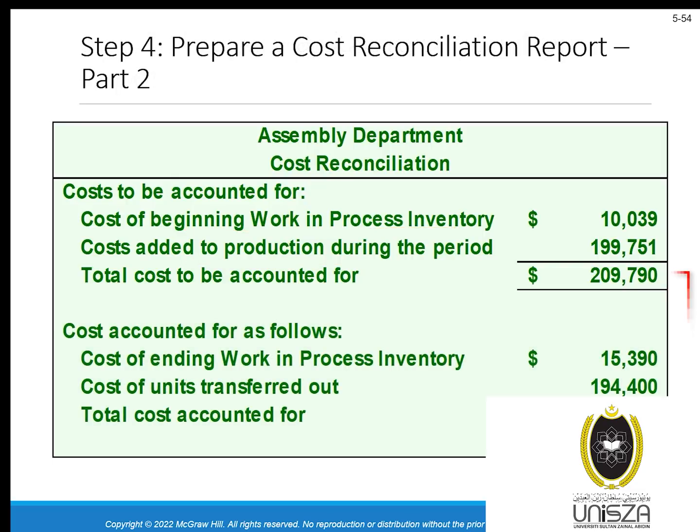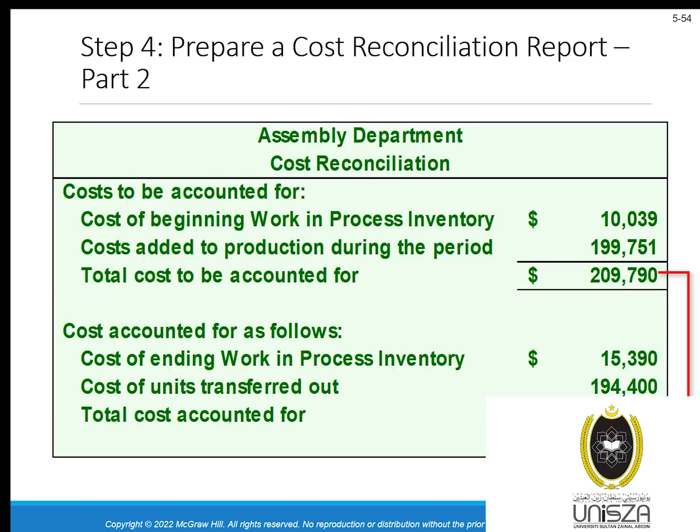And the cost accounted for is as follows: the cost of the ending WIP inventory, which we calculated on the previous slide, 15,390, and the cost of units transferred out, 194,400.